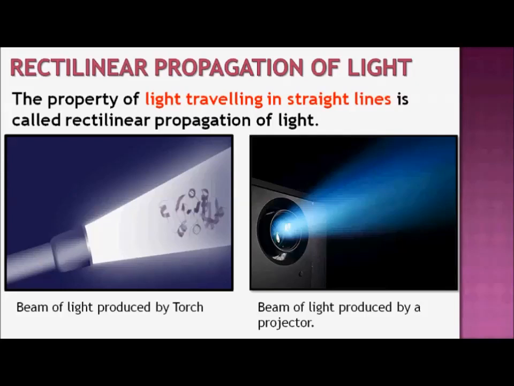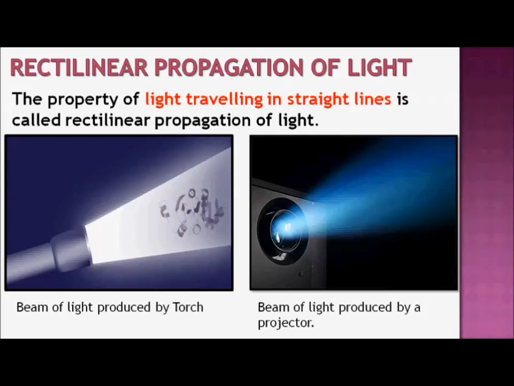In both these pictures, light is traveling in a straight line. Light is not bending anywhere. So, the property of light traveling in straight lines is called rectilinear propagation of light.